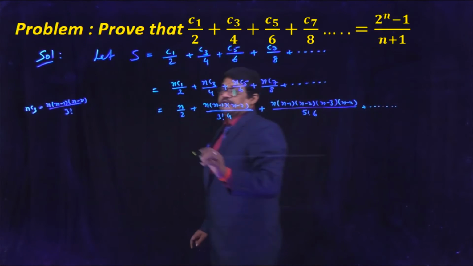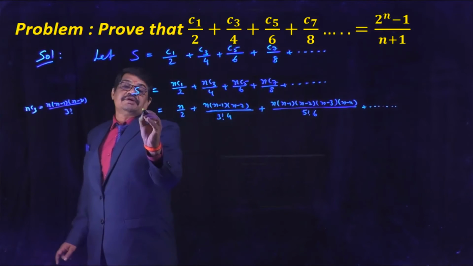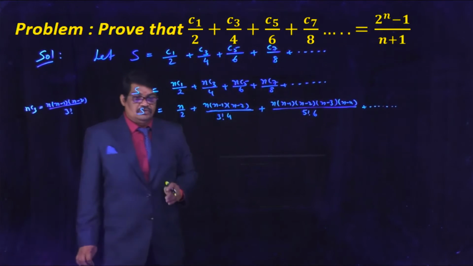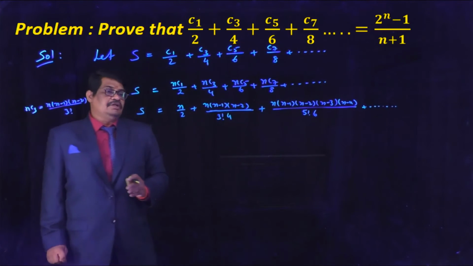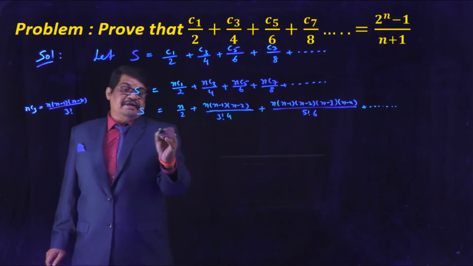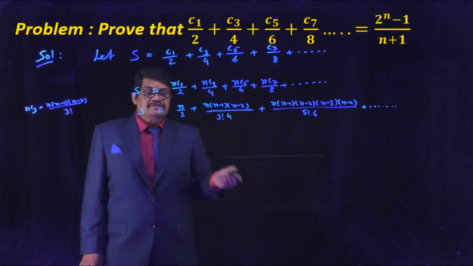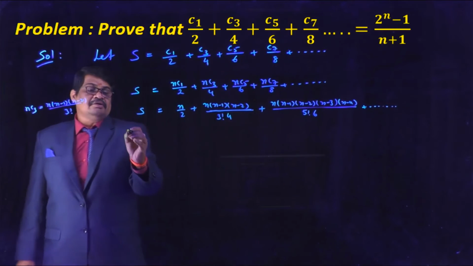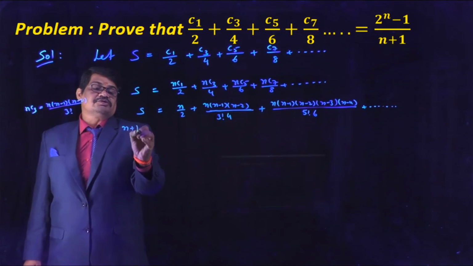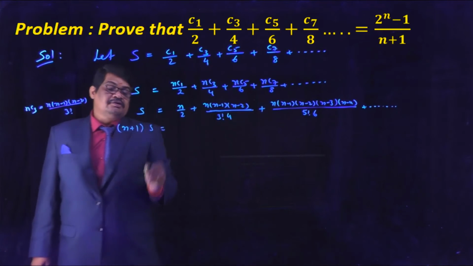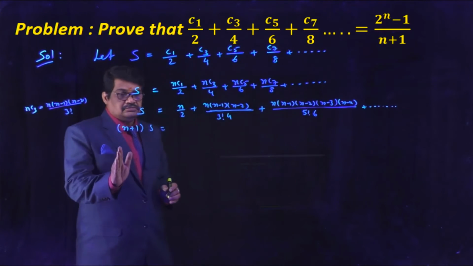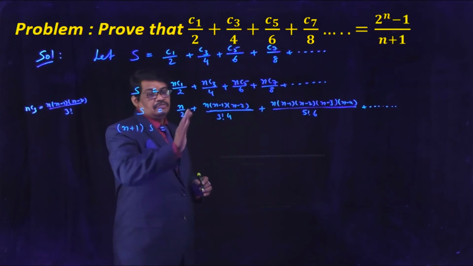This is the series, the LHS. S is equal to these terms. Here we multiply by n plus 1 on both sides.